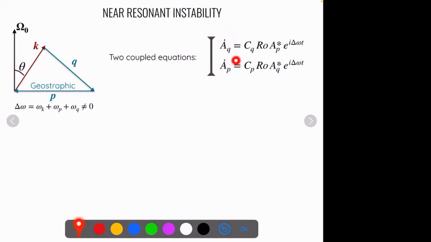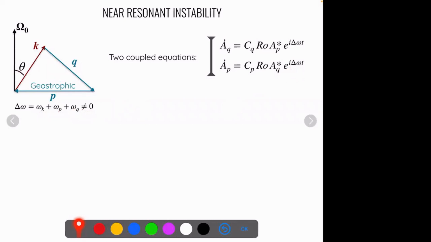The time evolution of the amplitudes of these modes is described by these two coupled equations, where the time variation of the amplitude of P is proportional to this coupling coefficient, which is purely a function of the wave numbers, times the amplitude of the imposed wave, times the complex conjugate of the other wave in the triad, times this oscillating term that oscillates at the frequency which is the sum of the three eigenfrequencies, and which is non-zero. This term is non-zero here.